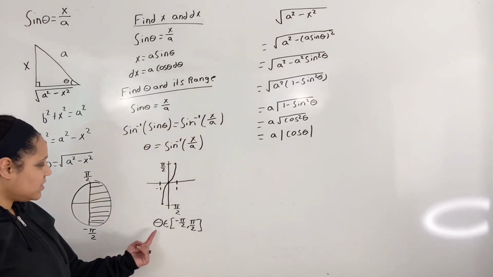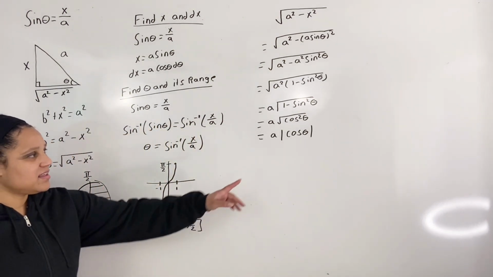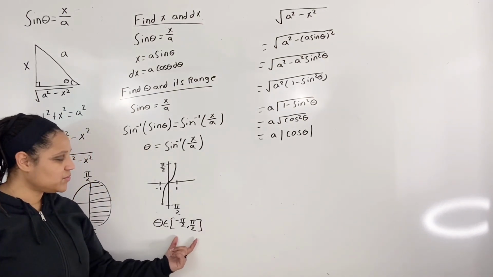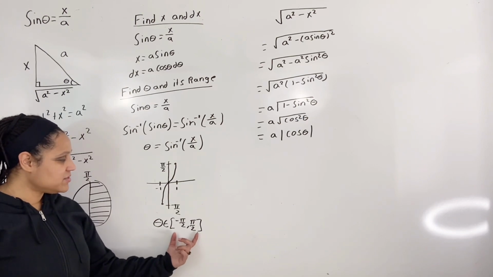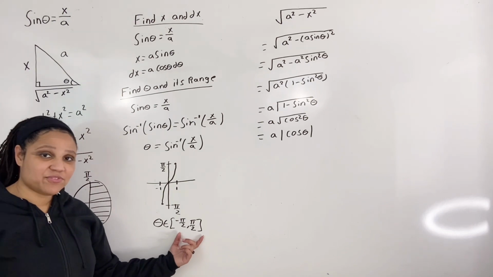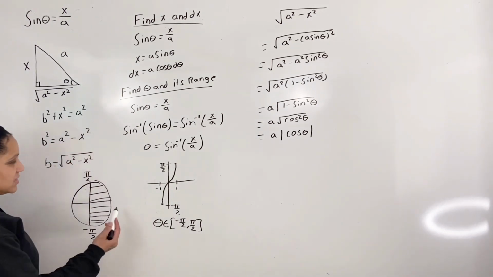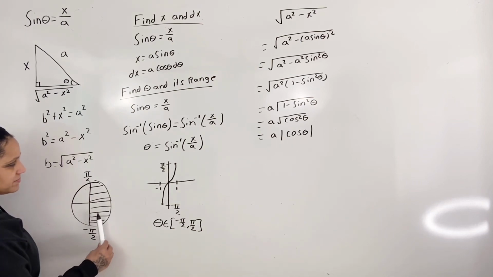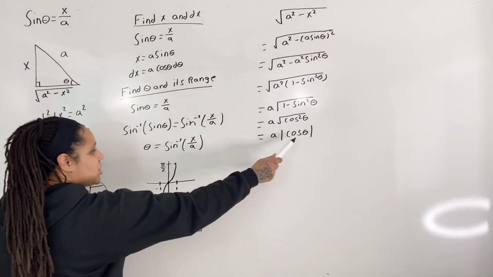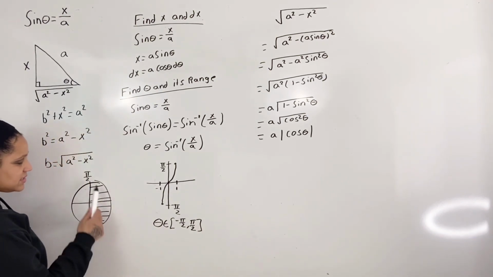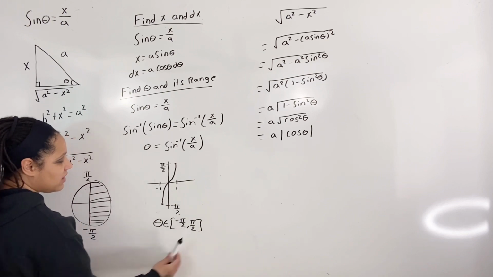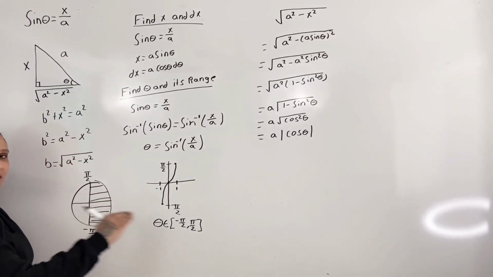But remember that the value of theta belongs to the interval between negative pi over 2 to pi over 2, which means that theta must exist from the right region. That means that cosine must be positive anywhere between negative pi over 2 to pi over 2, because cosine takes the x values.